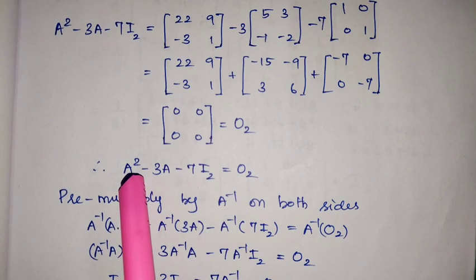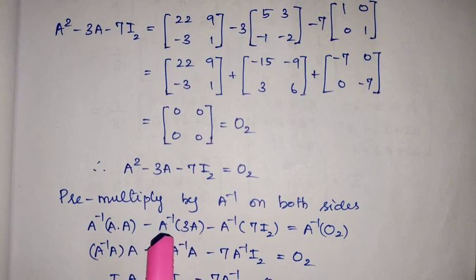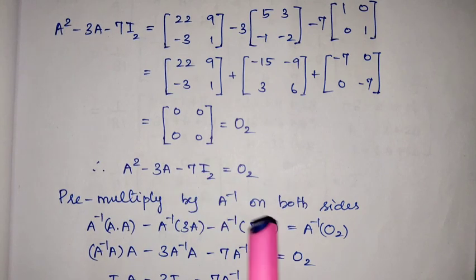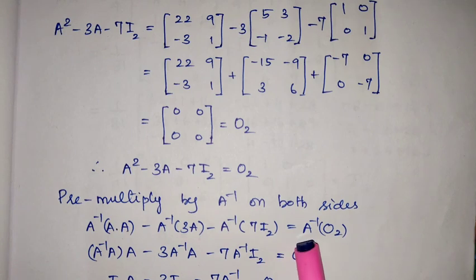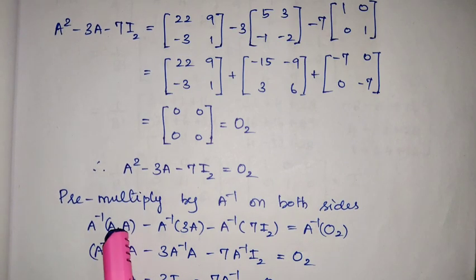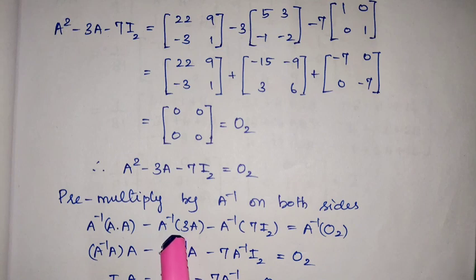Okay, so this A square is written as A into A. So pre-multiplied by A inverse. Here also pre-multiplied by A inverse, and this term is also pre-multiplied by A inverse, and this is also pre-multiplied by A inverse. Okay, so A inverse and A I just group together. A very important thing is you cannot interchange two matrices because the commutative property sometimes won't work.